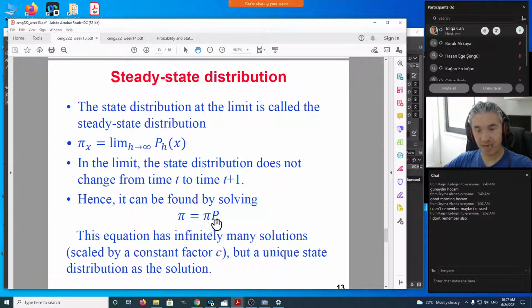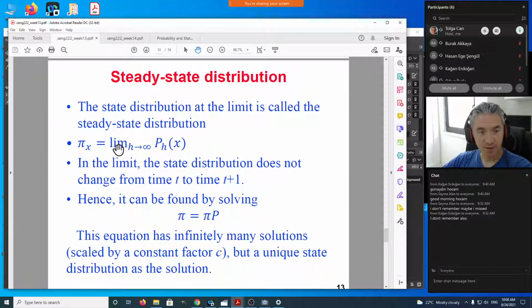You multiply it again with P, it's again going to be pi. So after a certain time point, you're going to be stuck. Your state distribution is going to converge to something. That's why it's called steady. Steady means not moving, not changing. So steady state means that after a certain time point, after h or h plus 1, 2 steps, it's not going to change.